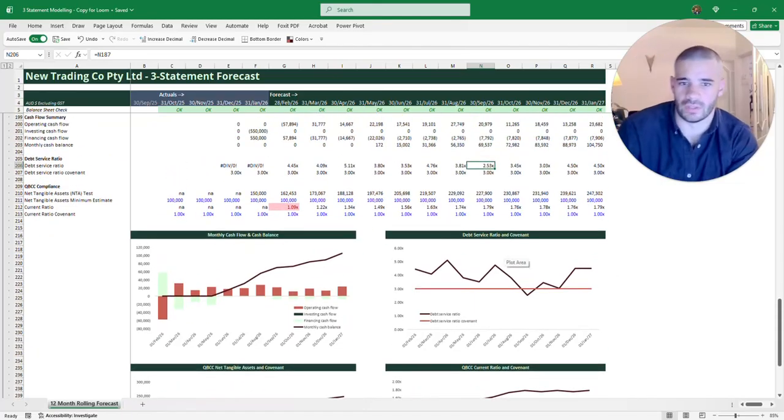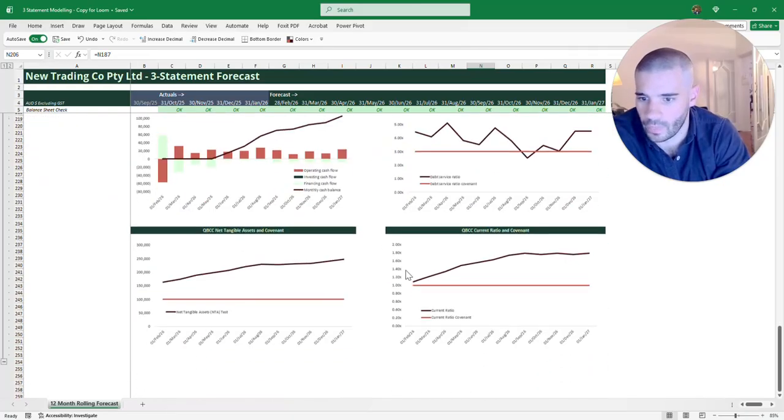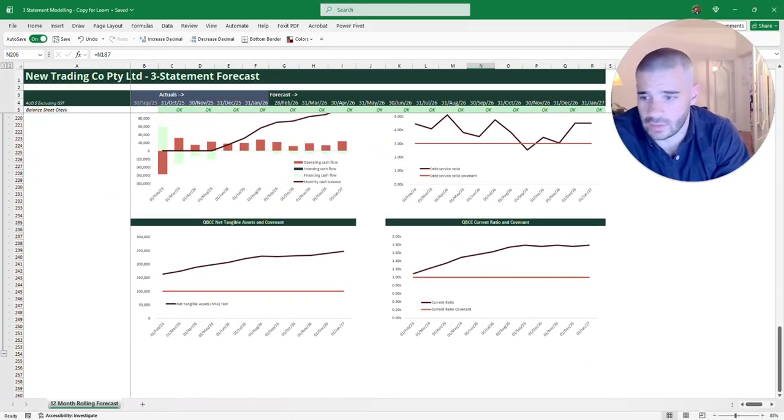So the bank might enforce something like a 3 times ratio. In a lot of small businesses, I don't think they would be doing that, but you would often see that in bigger businesses, where you would have to report to the bank if you breach it. In this case, there's a couple of other graphs for the Queensland Building and Construction Commission, which has certain financial requirements for its members. If you need a license with the QBCC, you have to maintain a current ratio of at least 1.